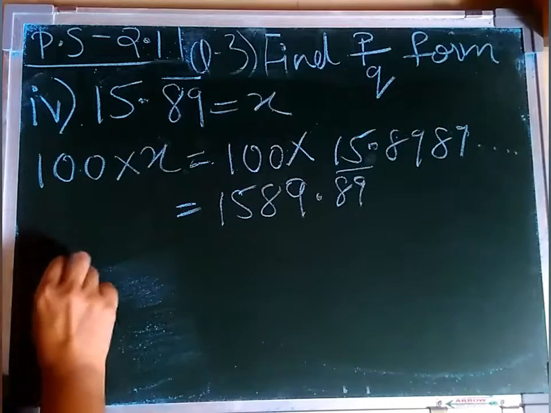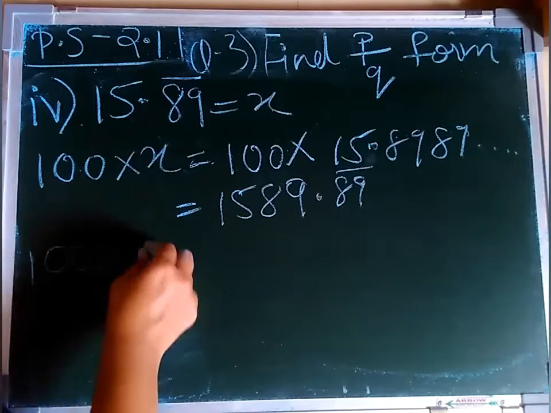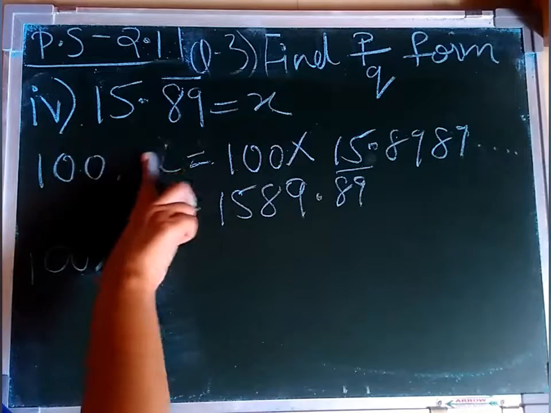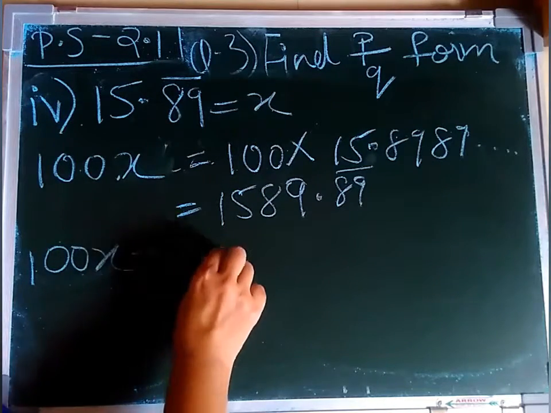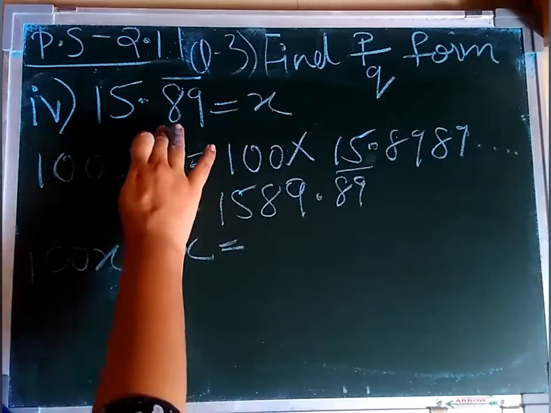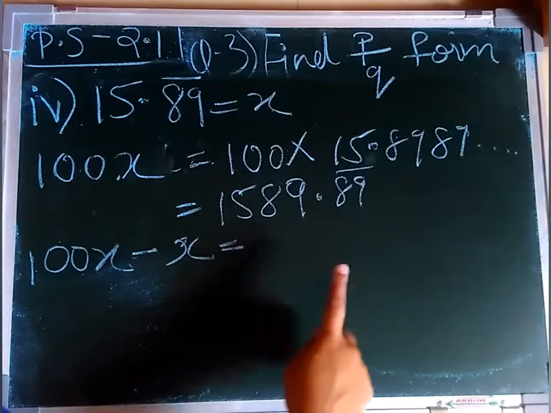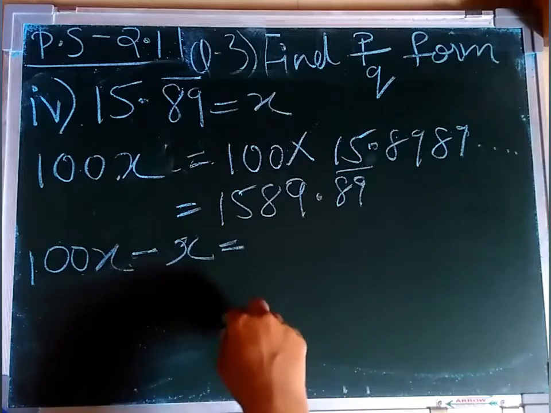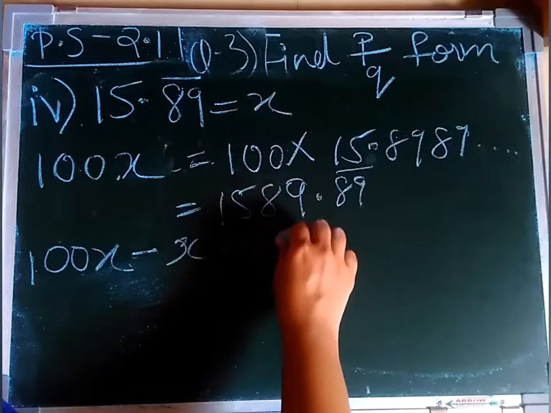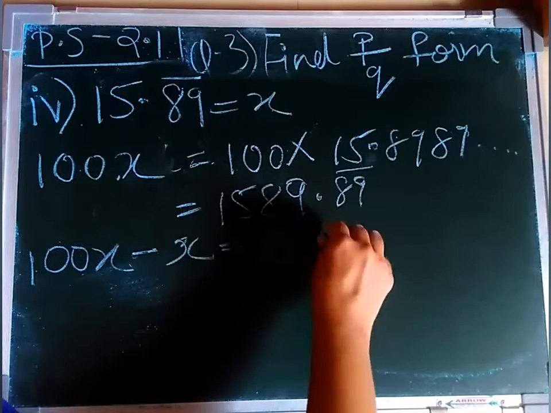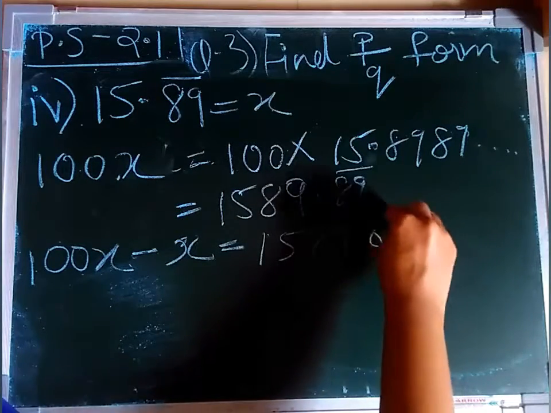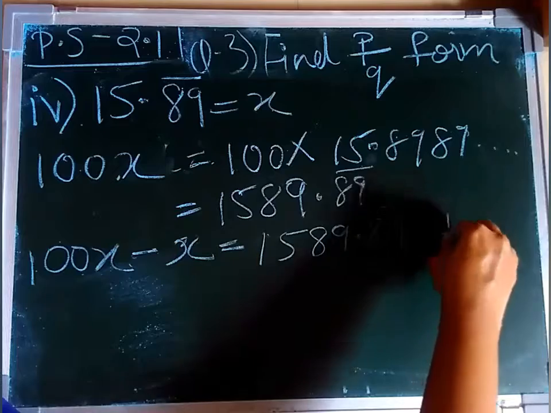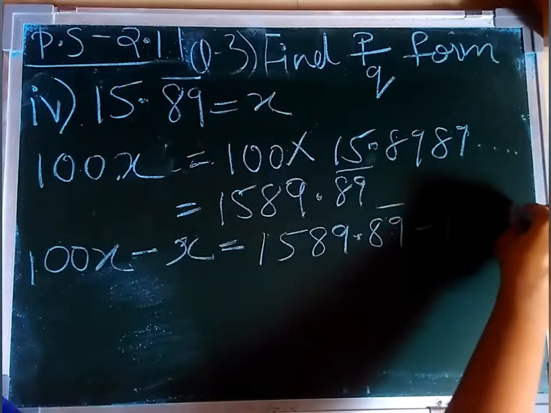So now 100x minus x, because from 100x if I subtract this, I can get rid of this recurring part. So this will be 1589.89 minus 15.89.